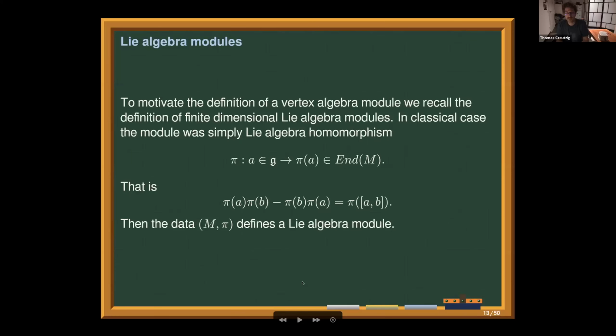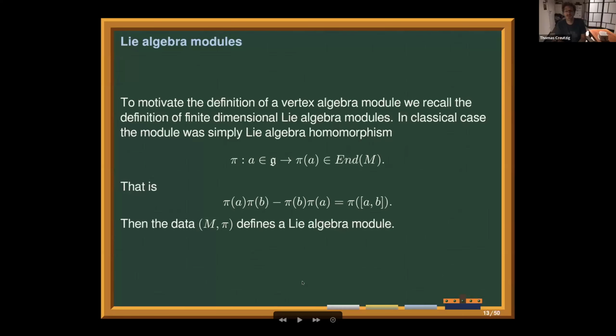Now, the next thing is one wants to chiralize representations. And for that one first has to think about modules, because one always wants to understand how something acts on something. So one wants to do representation theory.